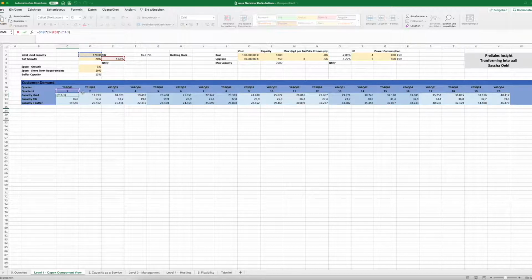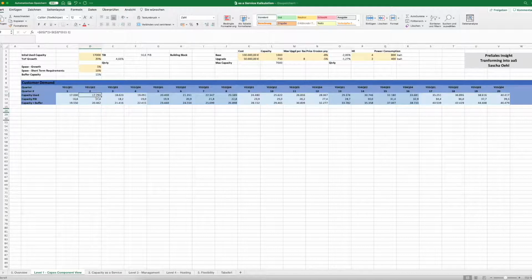So powered by the quarter. You see here we subtract 1 because obviously in the first quarter we don't have a growth factor, and so we are always 1 quarter back when it comes to the power factor that we apply here. This brings us in this case to the 17,000.